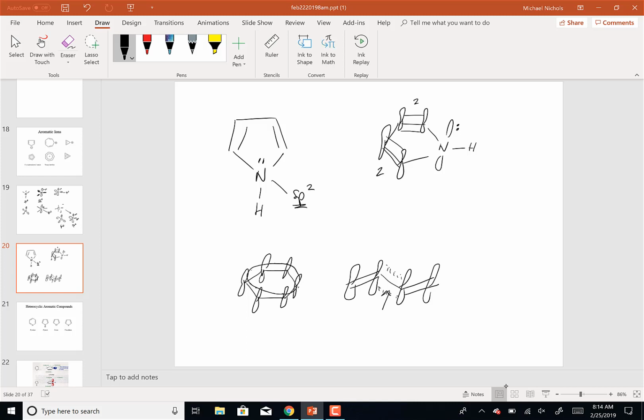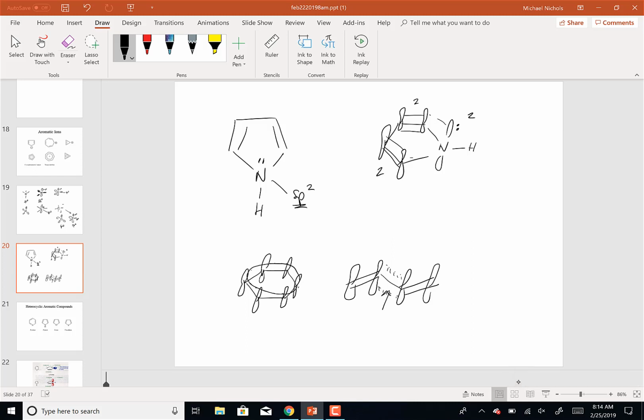So we have to understand that with a pi system, all those p orbitals are going to be parallel and they're all going to be overlapping. So coming back to this one then, if the nitrogen can put its p orbital, then it'll partially overlap with the rest of the pi bonds, but now it's throwing 2 electrons into the pi system.